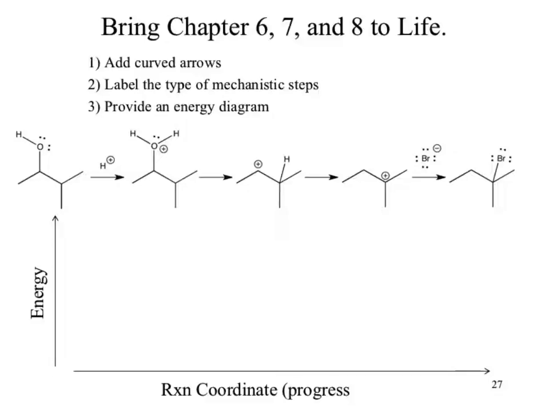Okay. The other thing that 6 brought in was energy diagrams. So we looked at this already, and we labeled, added curved arrows and the type of mechanistic steps. Now what we should try and do, let's provide an energy diagram to describe what is going on within this. Okay. A few people have already attempted this.